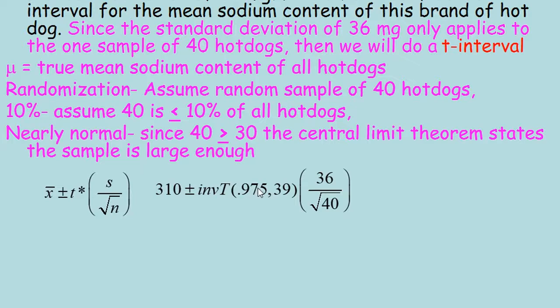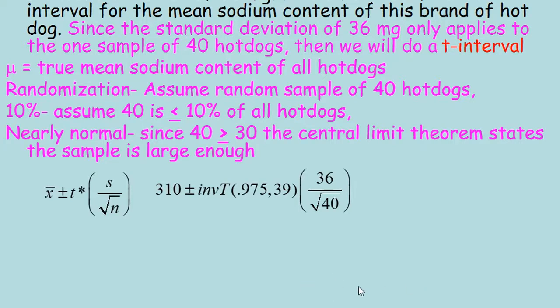Put 0.975, comma 39. I'll tell you where that comes from, but basically I took the sample of 40 and subtracted 1. Next, s is the standard deviation of the sample, so that was 36 milligrams divided by the square root of 40.